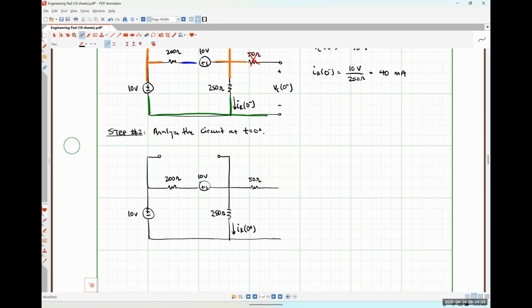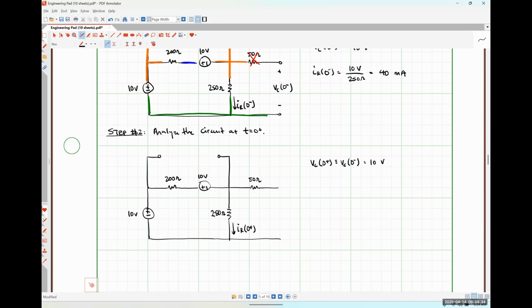So we know that our capacitor voltage at t is equal to 0 plus must be equal to the capacitor voltage at t is equal to 0 minus, which was 10 volts. So we have a fixed amount of voltage, regardless of what's connected to it, how much current is flowing through it, etc. So I'm going to choose to replace my capacitors at t is equal to 0 plus with a voltage source.